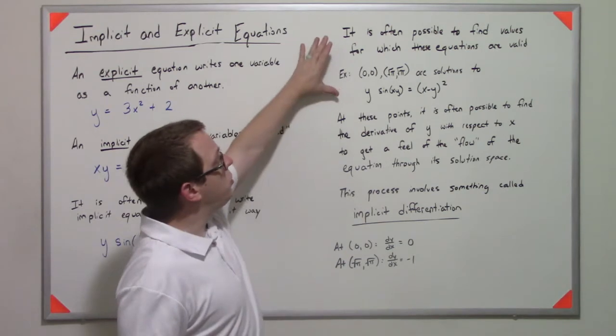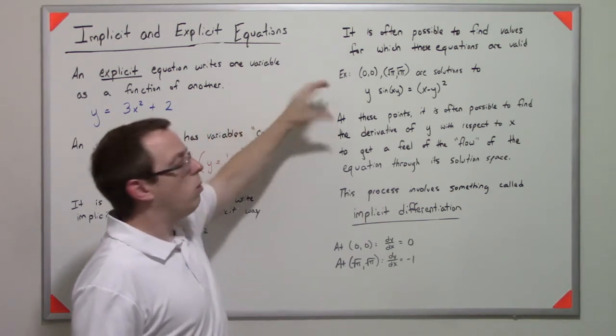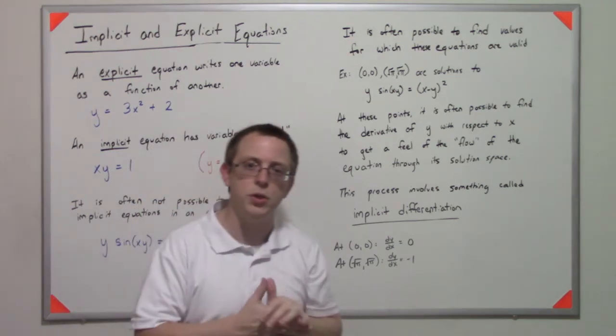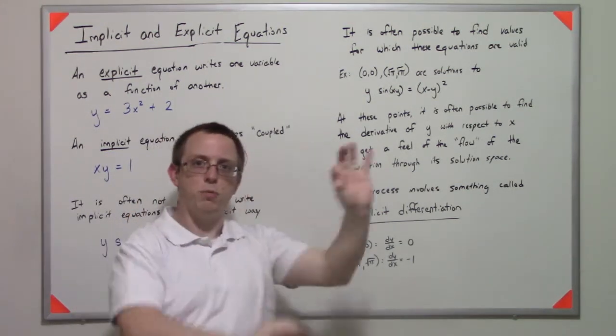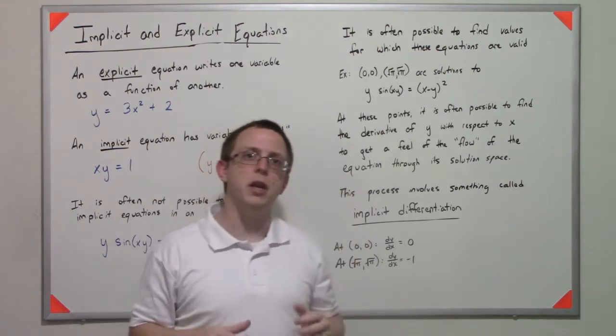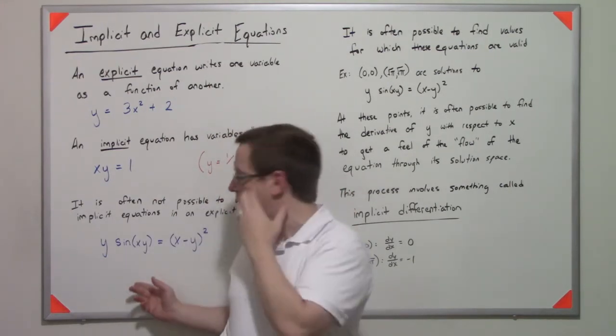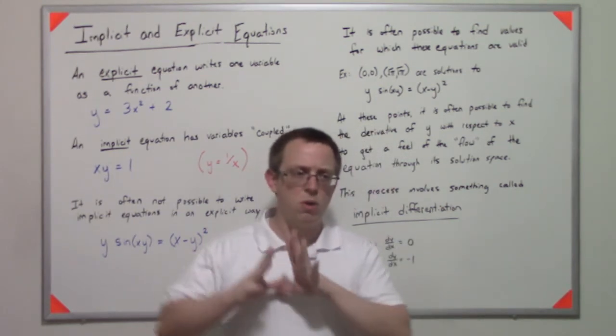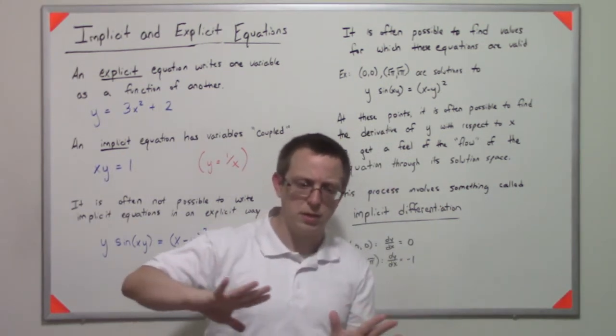Now maybe I can use a computer, maybe I can do all kinds of things to figure out a bunch of points on the graph, and maybe I could construct it. But if this is my model, I might want to figure out how it's moving. How are the points flowing together?